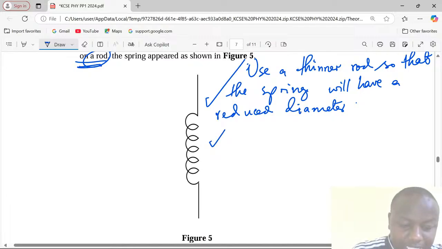We can also make turns closer so that there are more turns.